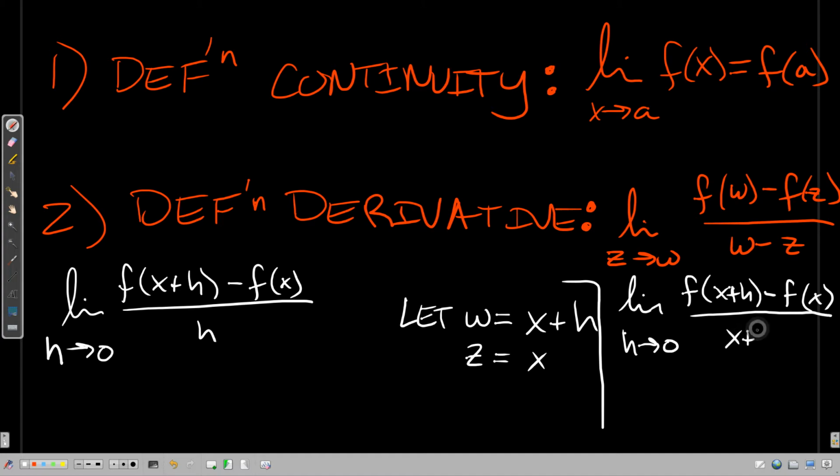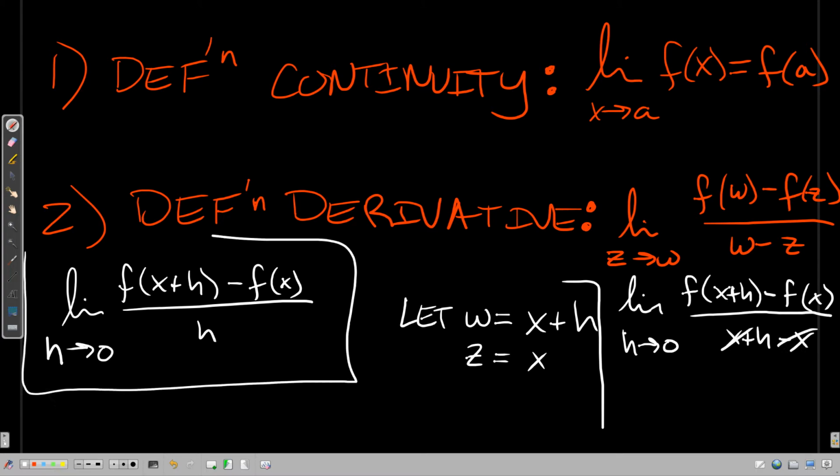Well, w is x plus h, and then minus z, that'd be minus x. Now the x's in the denominator cancel out because they add up to 0, and now you have the very same thing that we had over here.